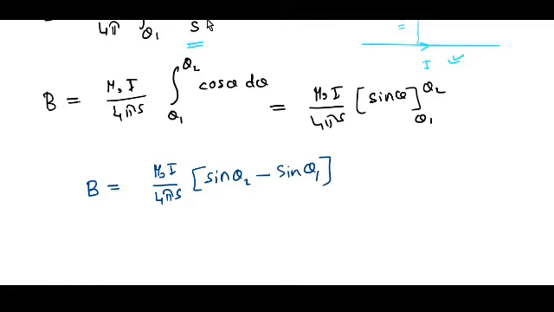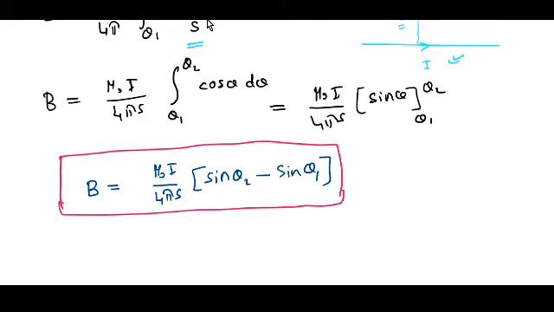This is the final expression for the magnetic field due to the whole length of the wire at a distance s from the wire. That is, if I draw the picture here, if this is a current carrying wire, then the magnetic field at a distance s from the whole current carrying wire can be found out using this expression, where theta 1 and theta 2 are like this.